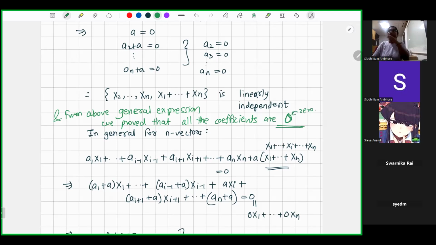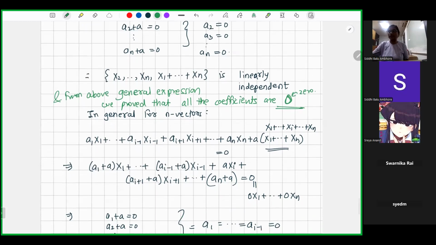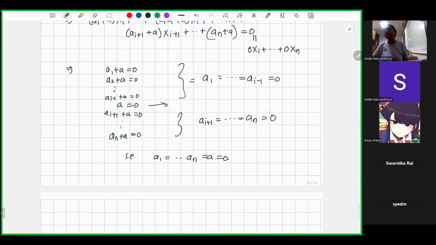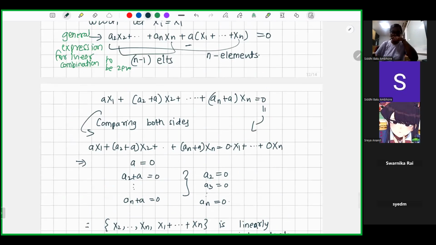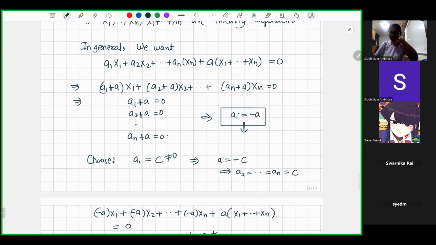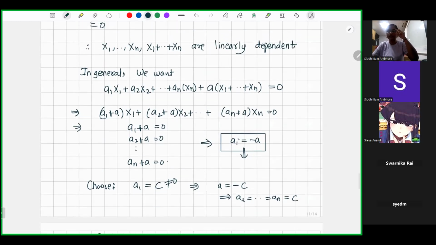That's fine. Okay, so that's how we prove that the given set is linearly independent. The earlier one was linearly dependent. There we saw that the moment I choose a non-zero a, the whole combination has all the coordinates non-zero.